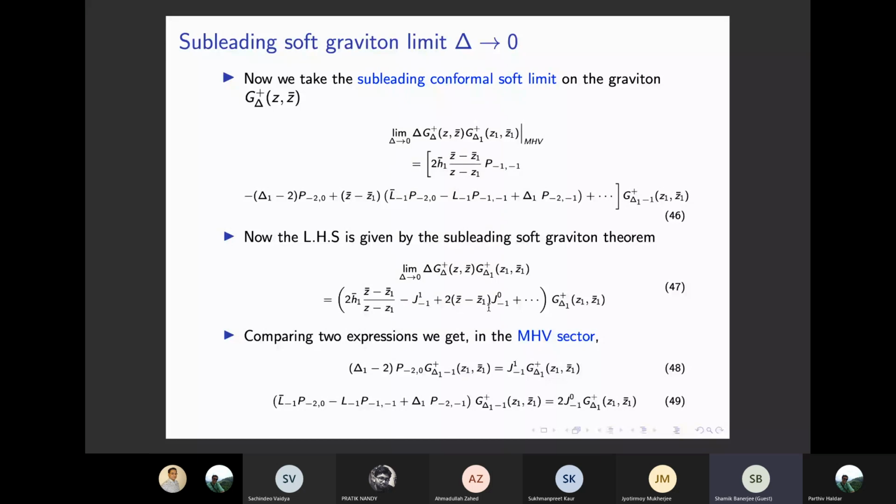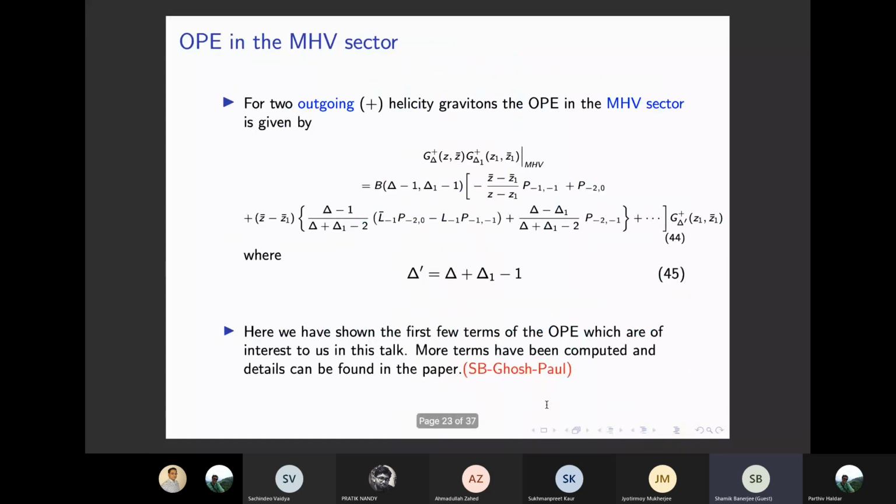What we should get is this. So you just equate this to this, and then what you obtain is this. These are essentially the things which show that these descendants are not really independent.